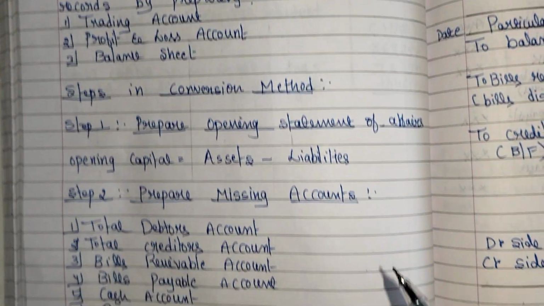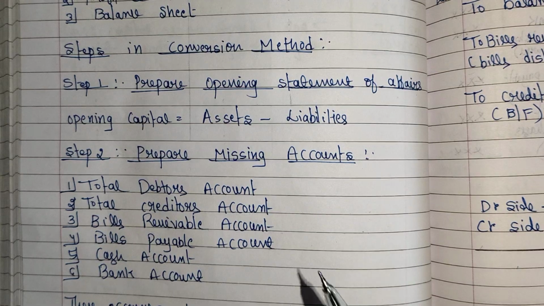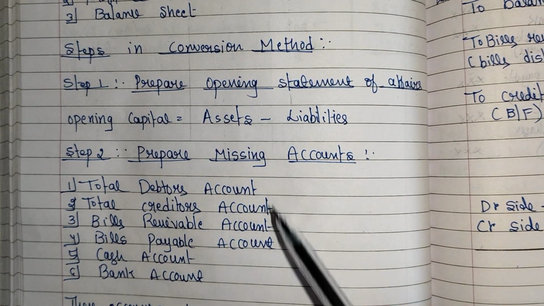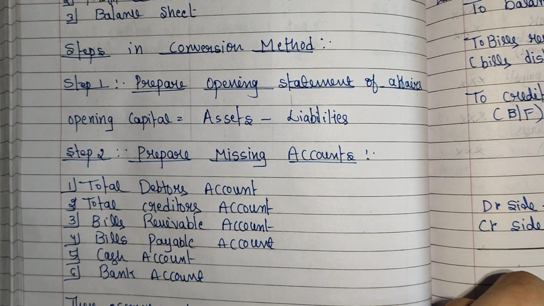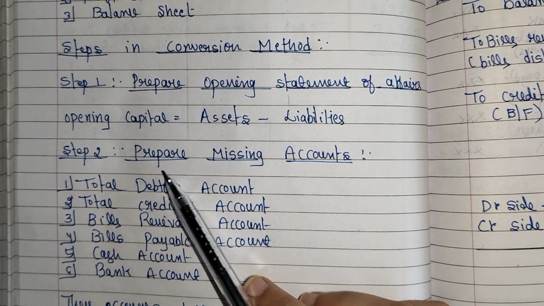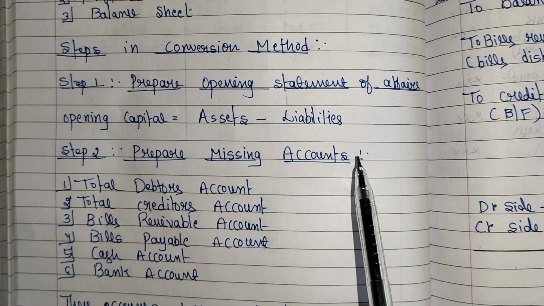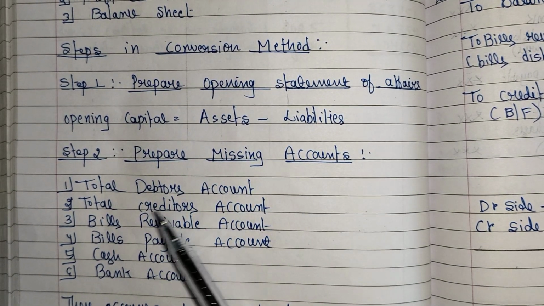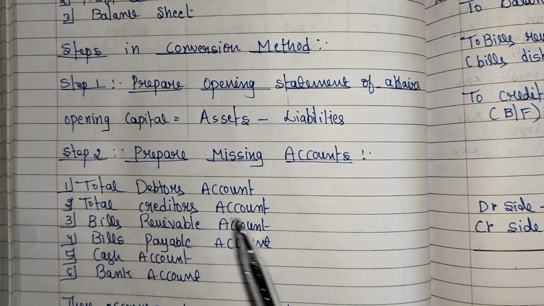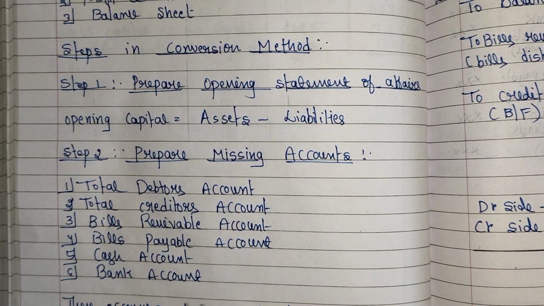Clear? Now the second step is to prepare missing accounts. This is a very important step. These amounts are useful to prepare the trading account. So in the second step, we prepare missing accounts like total debtors account, total creditors account, bills receivable account, bills payable account, cash account and bank account.